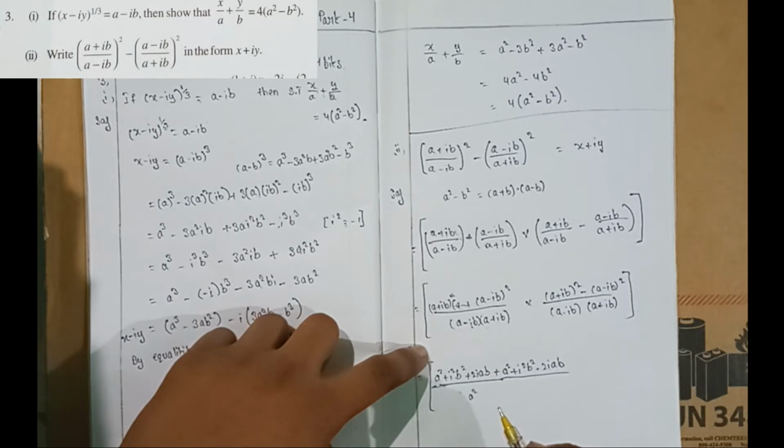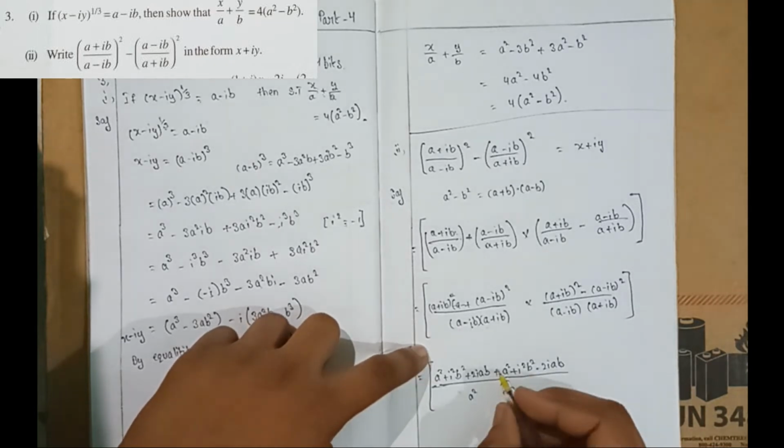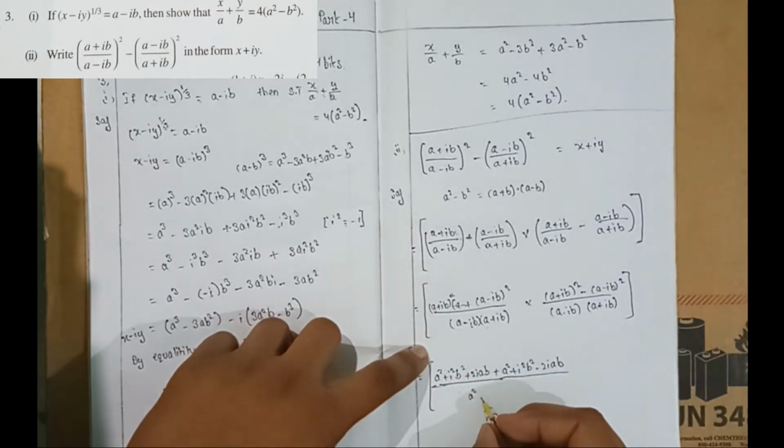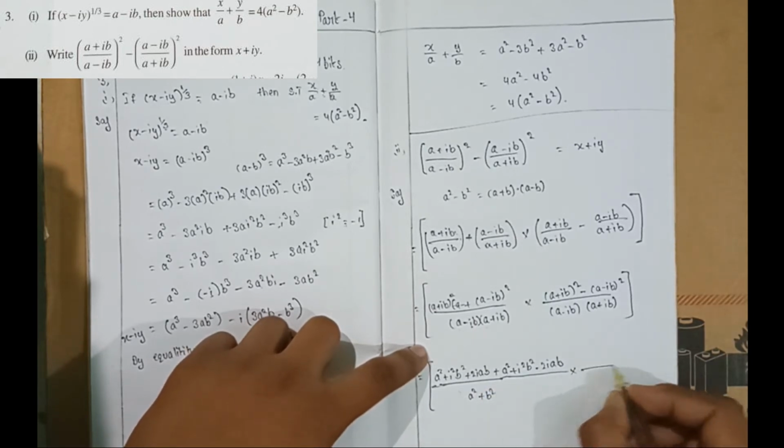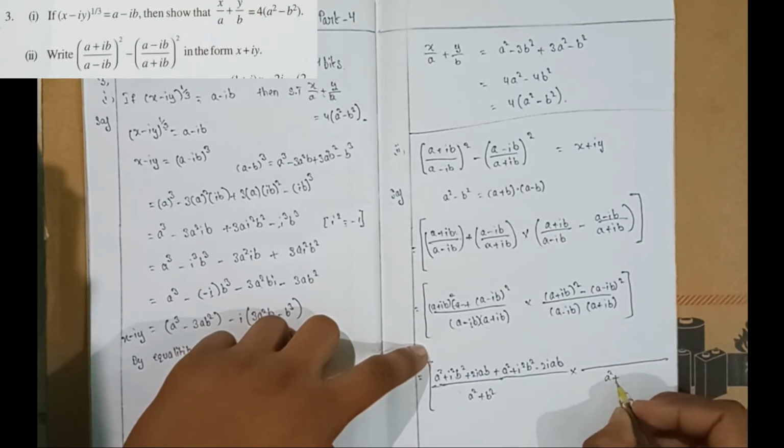So the equation will be minus into minus plus, so plus b square. Here it is multiplication, here also a square plus b square.